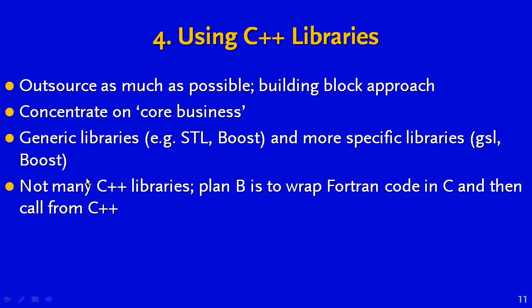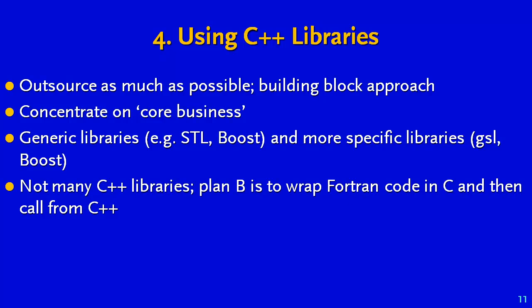There aren't, relatively speaking, very many C++ libraries around compared to Fortran, for example, or maybe R or some other language, or Gauss or something. So you either have to make them yourself or use them. Another option is to wrap Fortran code in C libraries, C wrappers, and call the C wrappers from C++.